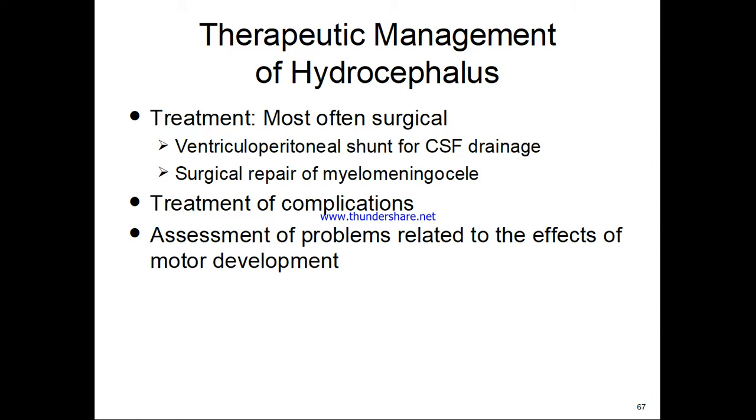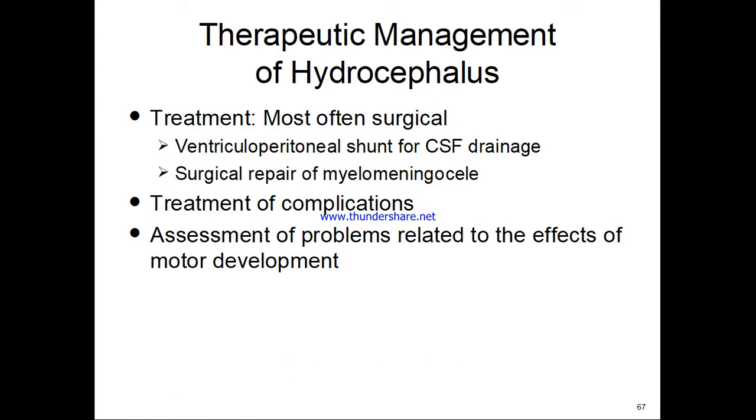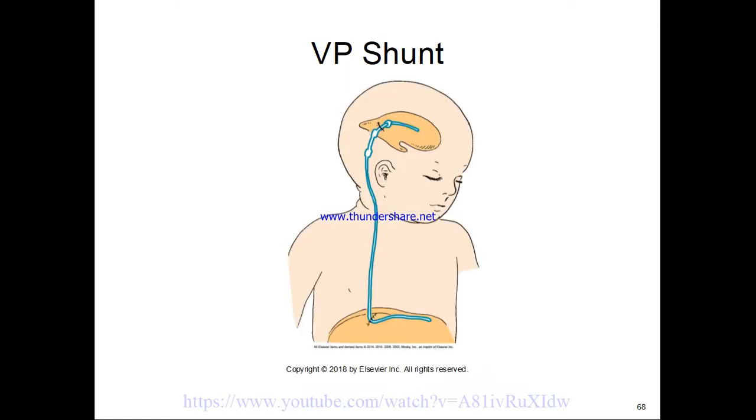So this is actually a passageway that they place from the ventricles where the fluid is built up down into the peritoneal abdominal space to drain excess fluid. We'll treat any complications that have occurred because of this condition and assess development problems related to the effects, motor involvement.